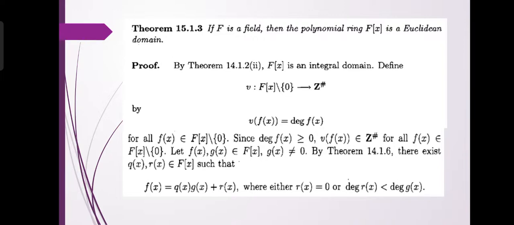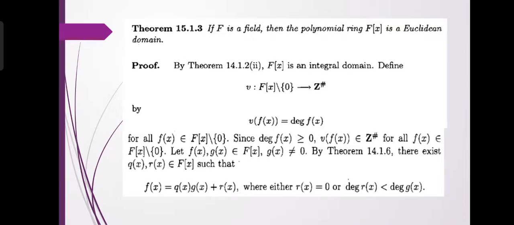Since the degree of the polynomial f(x) is greater than or equal to 0, v(f(x)) belongs to the set of non-negative integers for all f(x) belonging to F[x] \ {0}. Let f(x), g(x) belong to F[x], g(x) not equal to 0.